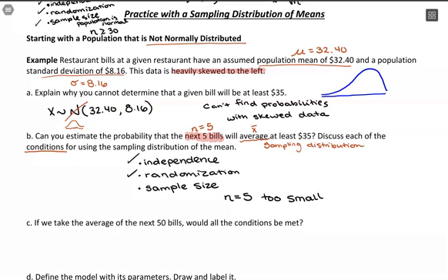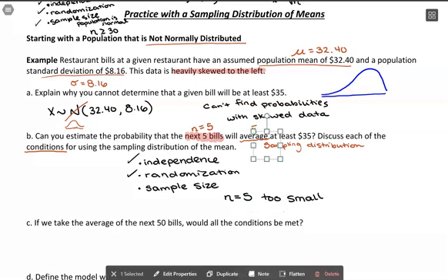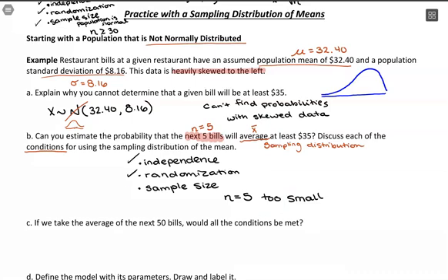So we saw this in the simulation that we looked at, and we had skewed data, and when I took that sample size of 2, then the sampling distribution of means was also skewed. Kind of mimicked what was happening in the population, and that wasn't good. So that's where the sample size condition came from. So when we get to the sample size condition here, we're going to fail.